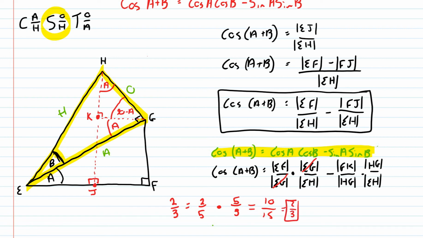Okay, so with that in mind, I am able to cancel out these, and I'd be left with EF, which is this, all over EH, which is this.